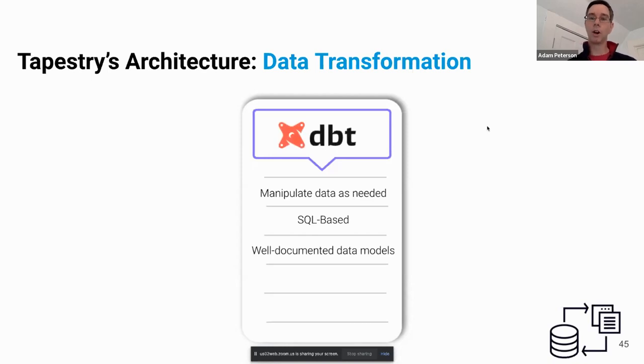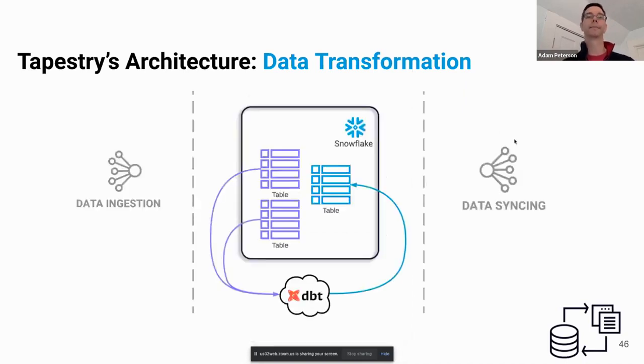So when considering all of these requirements for a transformation tool, one option stood out because it encompassed all the features that we wanted. It was free and open source, and that tool was DBT, or Data Build Tool. Now, as previously seen in our demo, DBT can be used to aggregate data and handle duplicate entries.